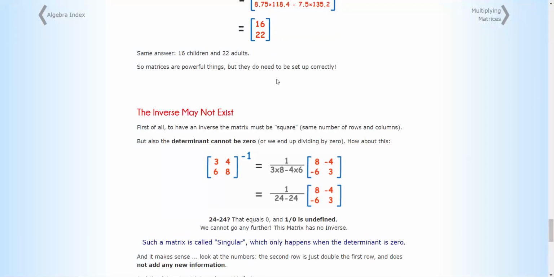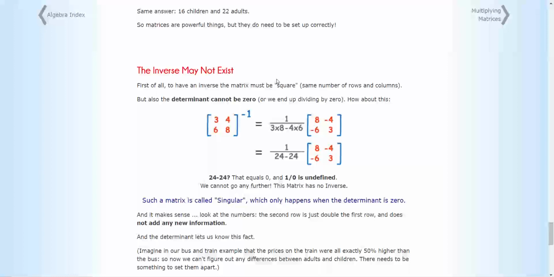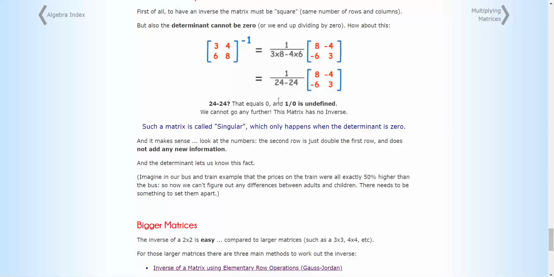Inverse may not exist. Okay, so there's a possibility that the inverse may not exist. First of all, to have an inverse, the matrix must be square, same number of rows and columns. But also the determinant cannot be zero, or we end up with dividing by zero. With this undefined, we cannot go any further. This matrix has no inverse.